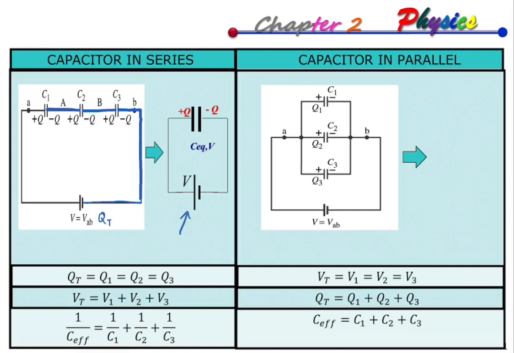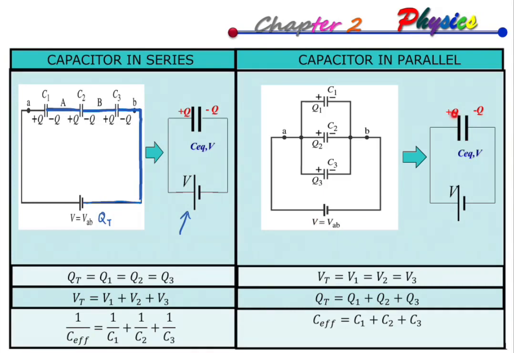And then for capacitors which are connected in parallel, we have 3 capacitors here. And then it's also connected to a battery. So this circuit here is equivalent to this circuit here, in which the combination of 3 capacitors is equal to the equivalent capacitance, which is Ceq here. And then the voltage supplied will be equal to the total voltage.